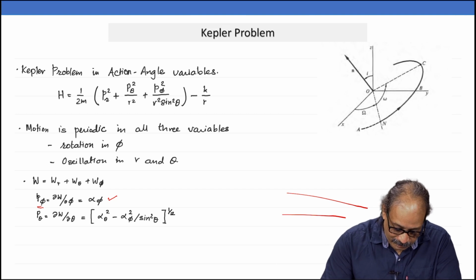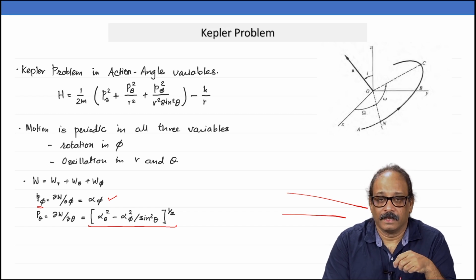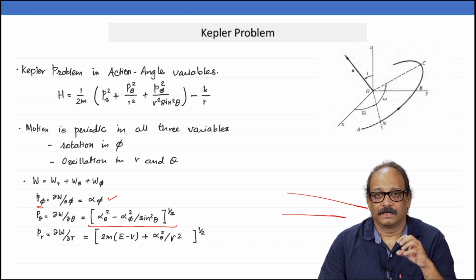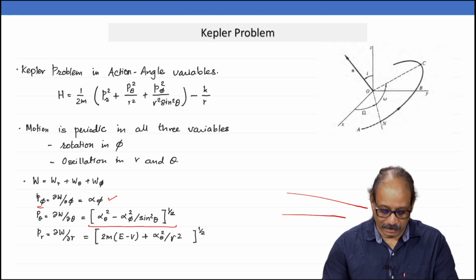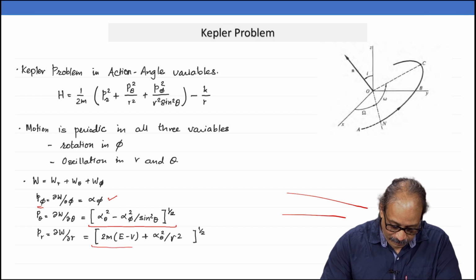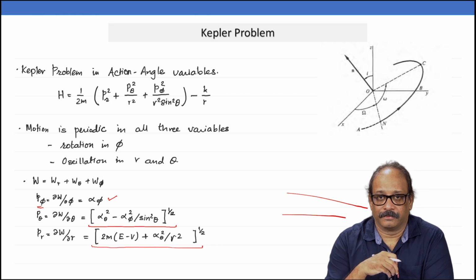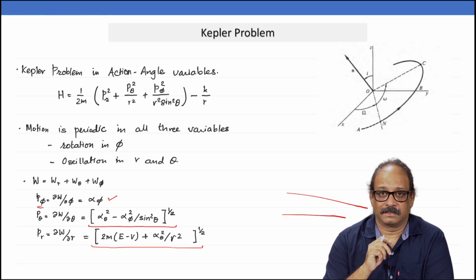I can rearrange this and write it as (alpha theta square minus alpha phi square by sin square theta) to the power half. And the last equation, which is for r, is again del W by del r can be taken to the left hand side, everything else can be pushed to the right hand side, and then you get the equation for p r. From these 3 variables, p phi, p theta and p r, I can construct the action variables.